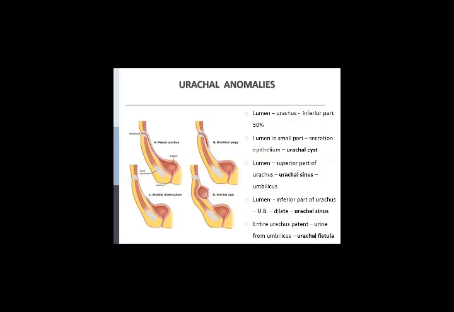Now, there is another situation in which the upper part is shriveled, no continuity with the umbilicus. The lower part has no continuity with the urinary bladder. This part shrivels. The upper part also shrivels.